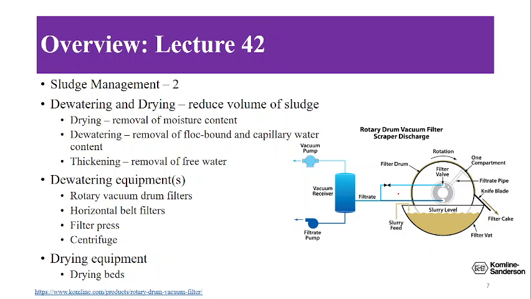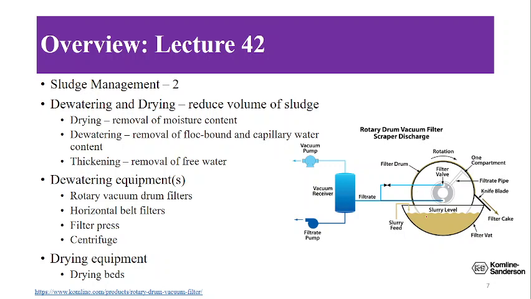Next, the dewatering equipment were discussed, and in that, rotary vacuum drum filters, horizontal belt filters, filter press, and centrifuge were discussed. The diagram here is shown for the rotary drum vacuum filter, and in this, vacuum is used so that the slurry is taken into this vacuum drum, which is basically a filter drum.